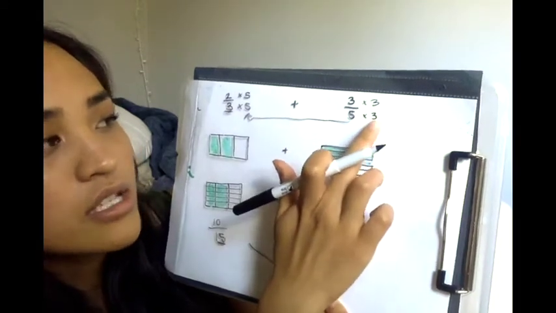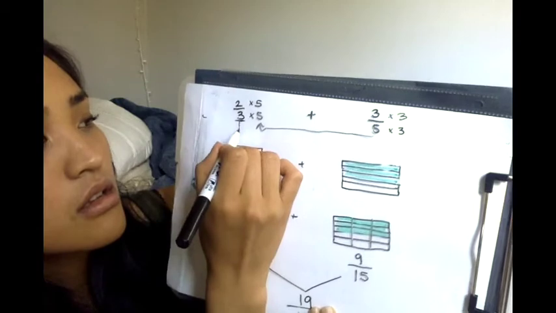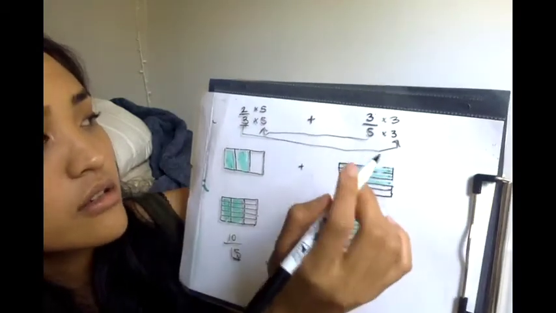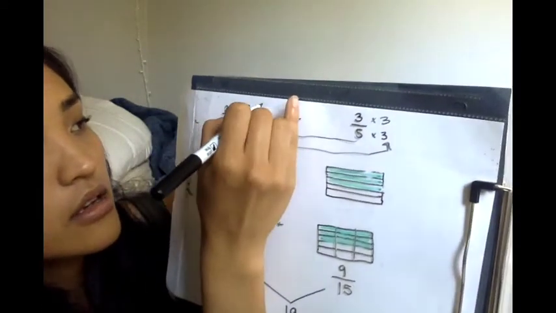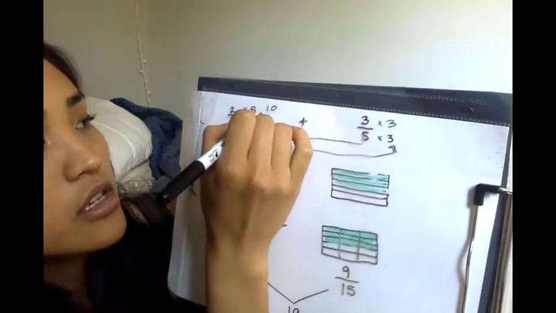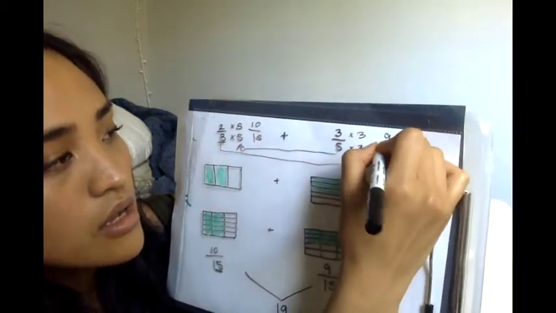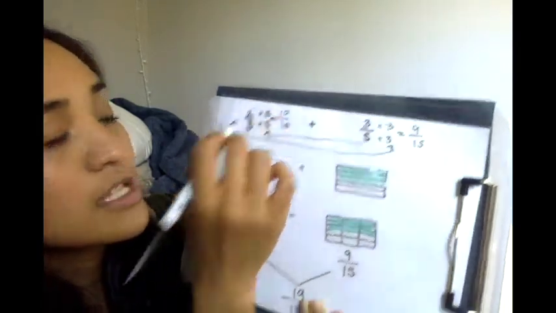Now, where else do you see this 3? Actually, from the other fraction. And that is another strategy that got us to the same size pieces.